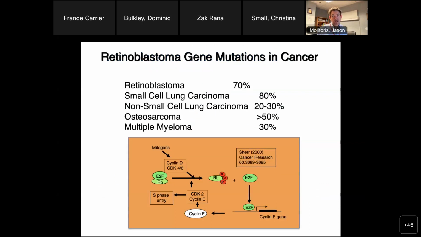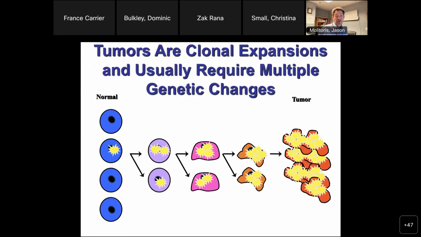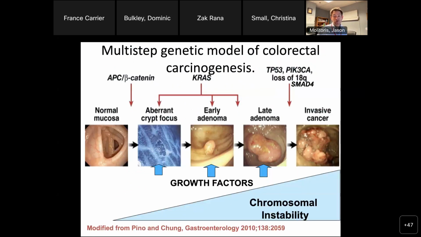Here is the RB pathway, functioning in the cell cycle. On the multi-step process, we talked a little bit about this at the beginning, so in the interest of time, I'll skip through this, but you can have multiple clones of cancer cells with different alterations, and colorectal cancer is the best example of this stepwise progression.